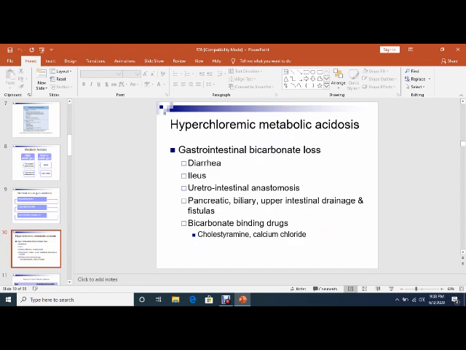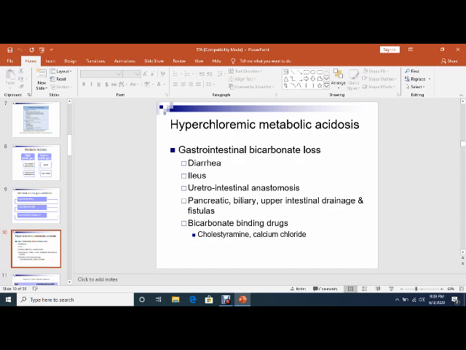Now coming to hyperchloremic metabolic acidosis, the common causes are fluid loss due to diarrhea or from an ileostomy, or ureterointestinal anastomosis, pancreatic, biliary, upper intestinal drainage and fistulas, that lead to hyperchloremic metabolic acidosis.